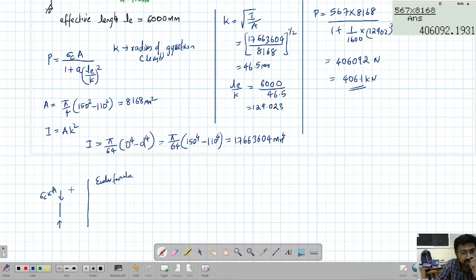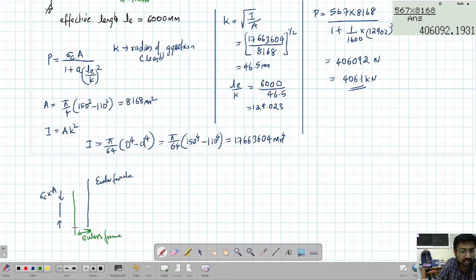So there is some length of column beyond which we can use Euler's formula. Less than that length, if you start using Euler's formula, its value will come out to be more than the value based on the compressive strength, which doesn't make any sense.